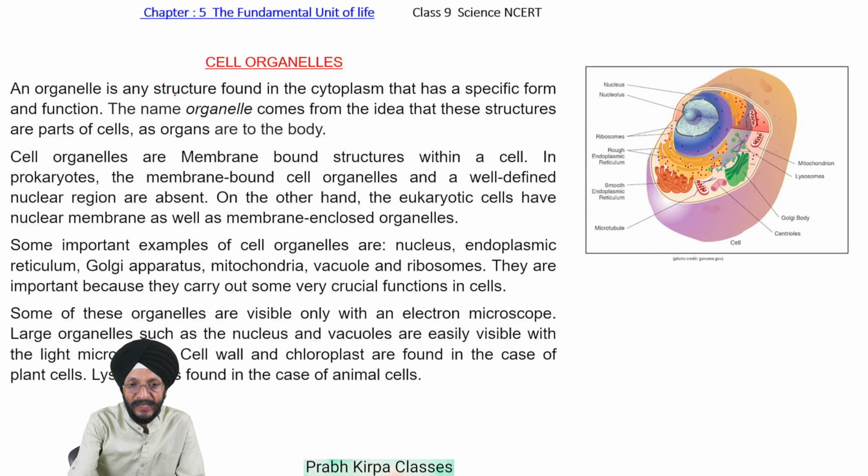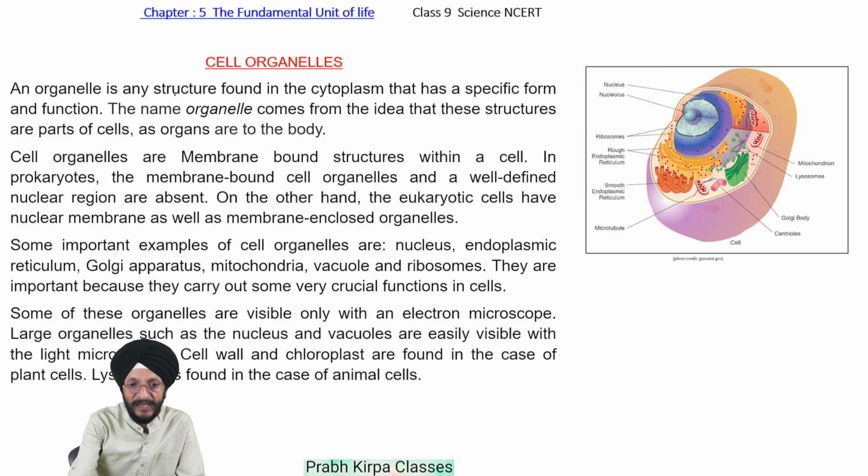The name organelle comes from the idea that these structures are parts of the cells as organs are to the body. These organelles, as you have seen, are membrane bound structures, that there is a covering outside them within a cell.